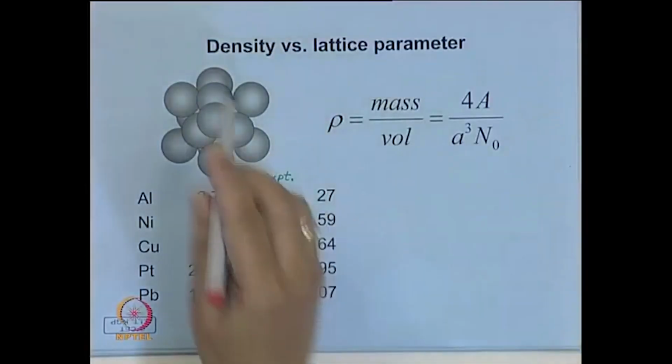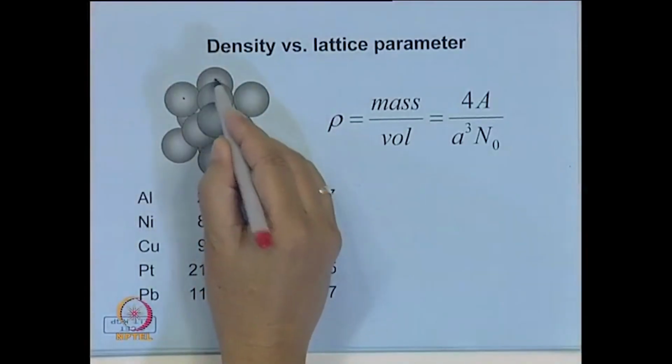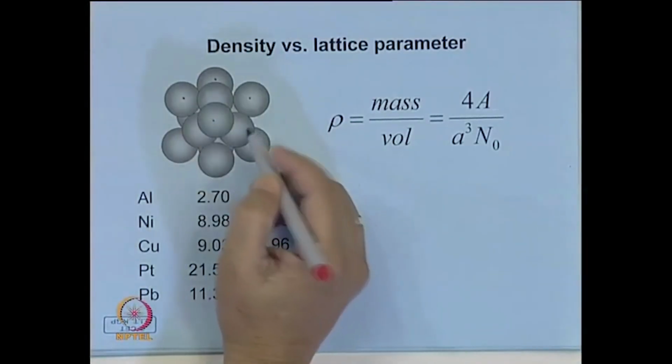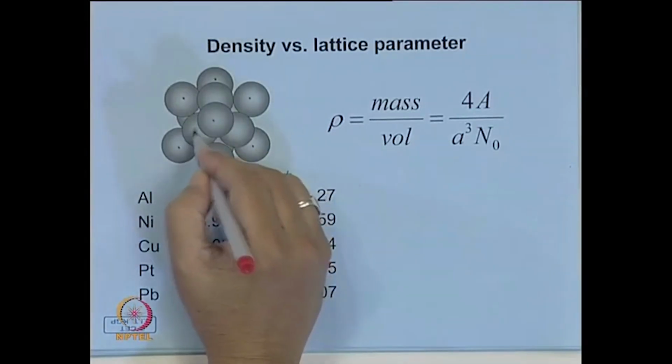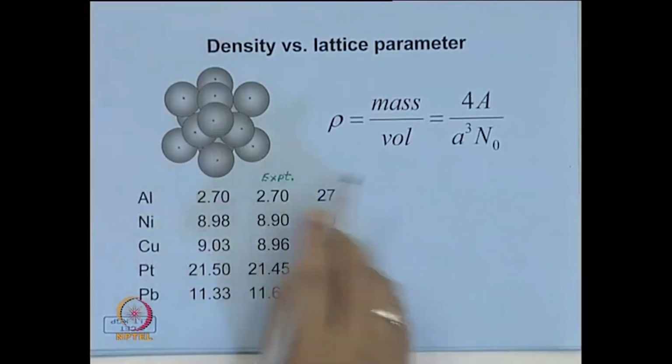For example, let us consider in this case a face centered cubic structure, which is shown here, where you have atoms at the corner of the cube and also atoms at the center of each of the 6 faces.